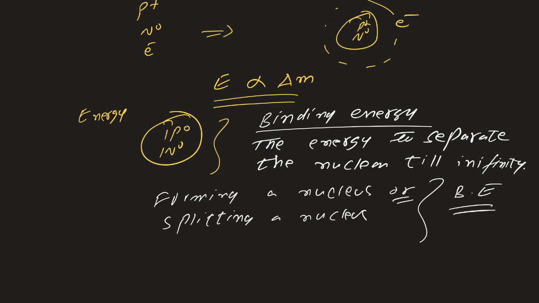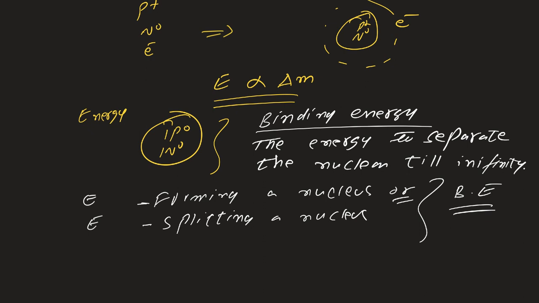When you would like to split the nucleus, you have to supply energy, and when you form the nucleus, the same amount of energy is released. So here, for example, you supplied energy E to separate the nucleons. Then again, if they combine, the same amount of energy is released, and the reverse will happen.